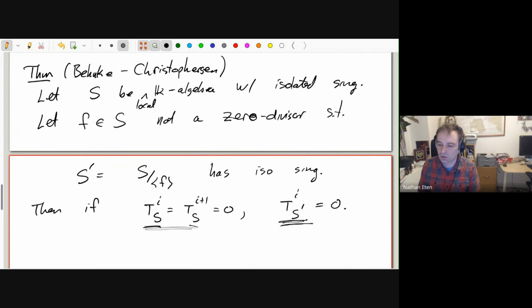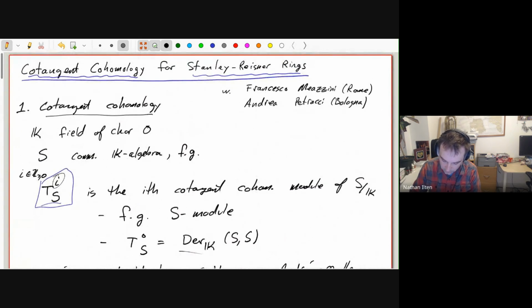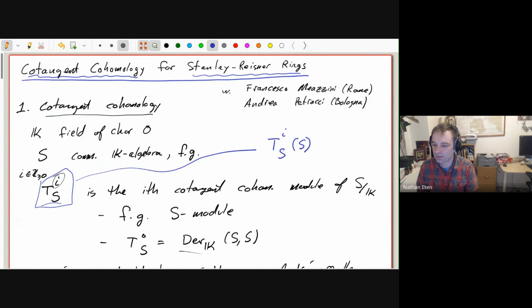Yes, exactly. So cotangent cohomology has all kinds of nice functorial properties. And really, let me write some other notation here. So this, what I called here, this Ti of S, this would be Ti of S with values in S. And you can also think about cotangent cohomology with values in other S modules as well.